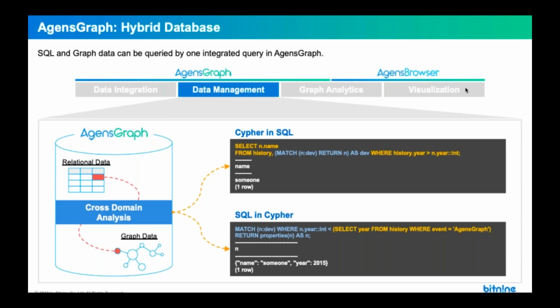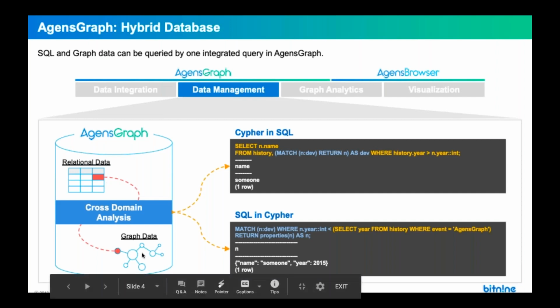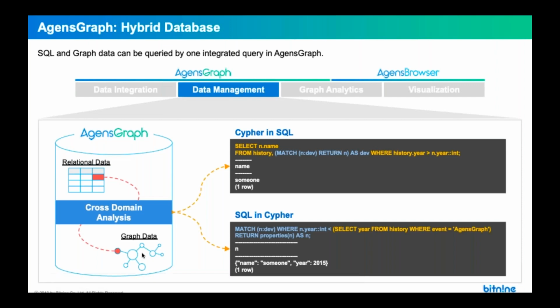By having this, Agents Graph gives you the capability of writing hybrid queries. If you have relational data and graph data in the same storage, you can write a query which is a combination of both languages, SQL and Cypher, which is a graph query language, in the same query. You can run that query and fetch your data from both models.